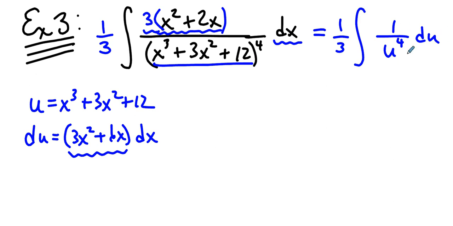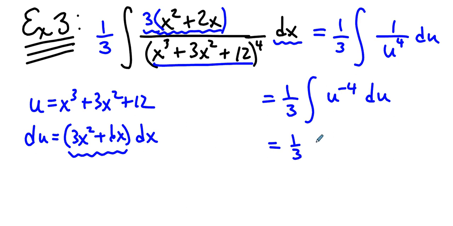Well, we don't know how to take antiderivatives of things like that, and so I'm just going to propose that we rewrite this. Because you do know how to take the antiderivative of something like this. You do know that you just add 1 to the power and divide by the power.